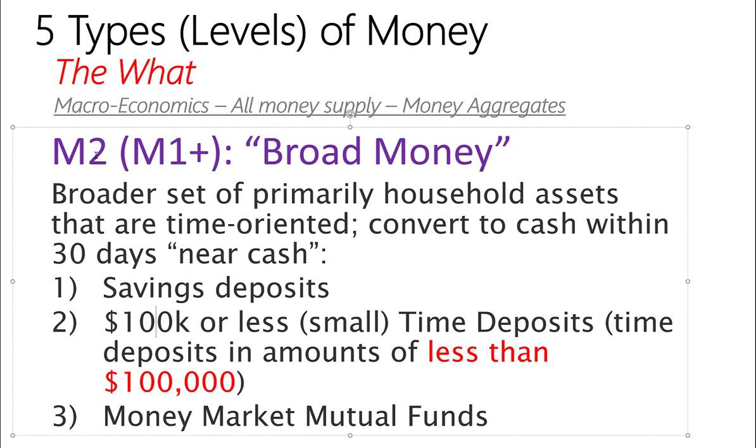There's an M3. Some countries have an M4. Remember, I said they vary. But this is primarily keeping this down here, because the original purpose of understanding the liquidity of these money aggregates was also within the general population, the small businesses, and your households.